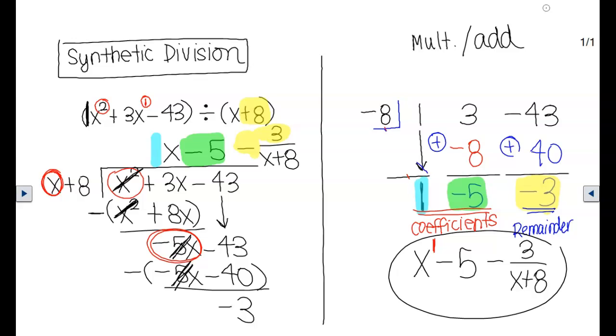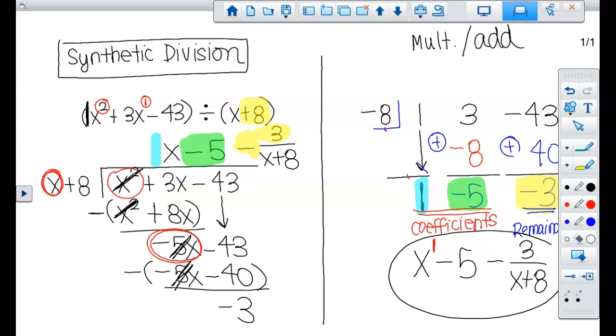And that's the way it will always be. So since this started out with x squared, the exponent in your answer should be 1 less than that. So it's 1x to the first minus 5 with a remainder of negative 3.